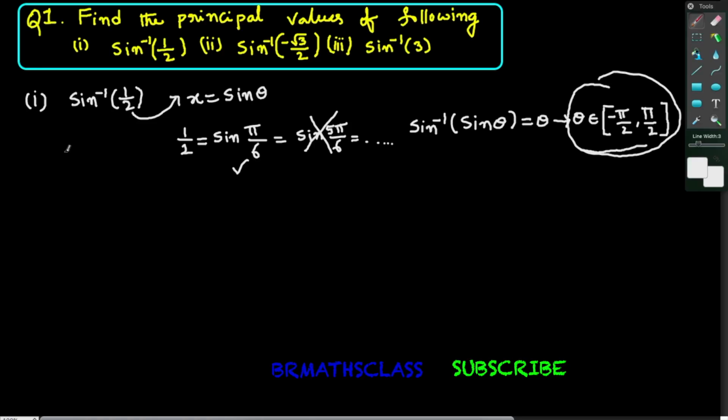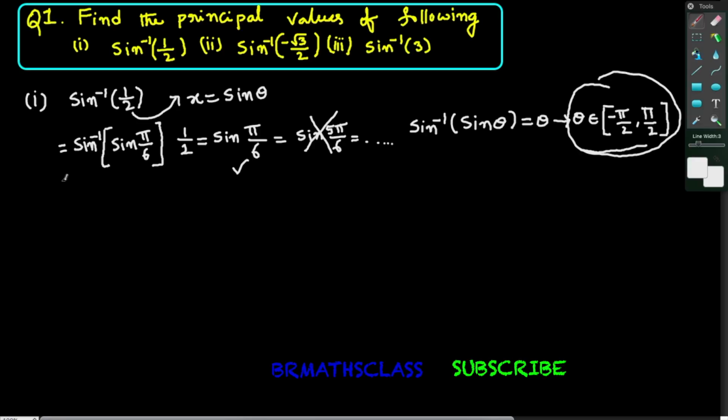So what will I write here? 1 by 2 we write as sine pi by 6. Sine inverse of sine pi by 6. You observe it is of the form sine inverse of sine theta. What is the formula for sine inverse of sine theta? Theta. This formula holds good only when theta belongs to the closed interval minus pi by 2 comma pi by 2. You observe this 30 degrees is there in this interval?